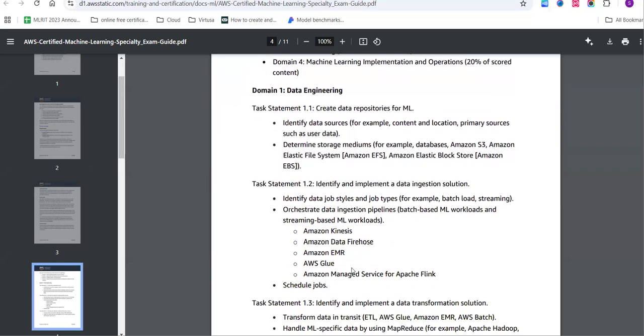So those related questions may come related to architecture overview, like what services we are using in order to ingest the data into our storage services. They are Kinesis Data Firehose, EMR, Glue, and Flink.